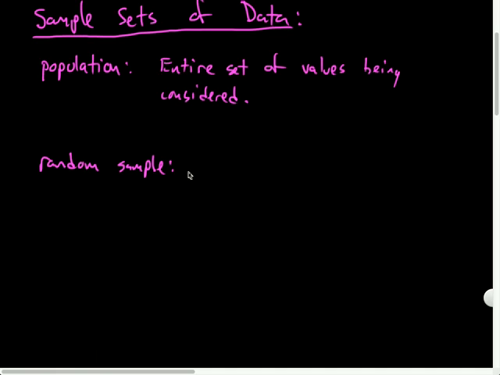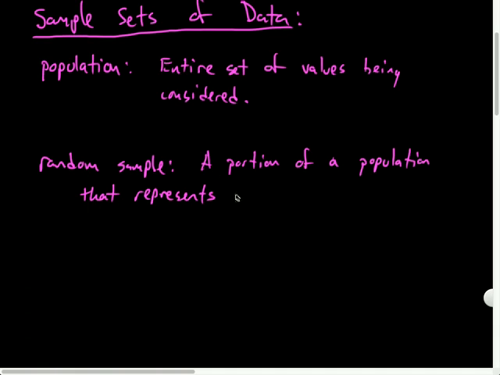It's a portion of the population that is selected to represent the entire population. And it's really important that this is random.